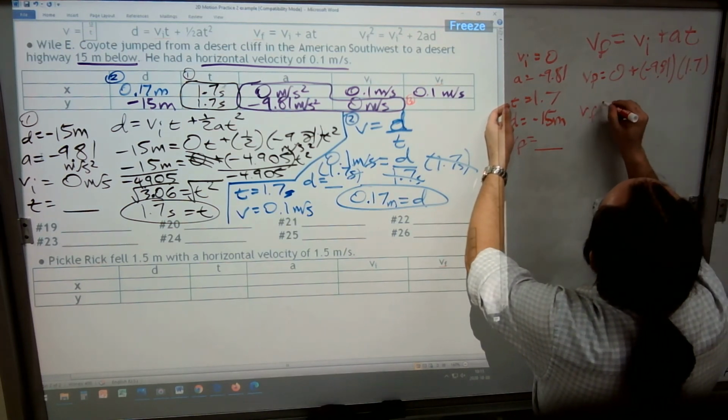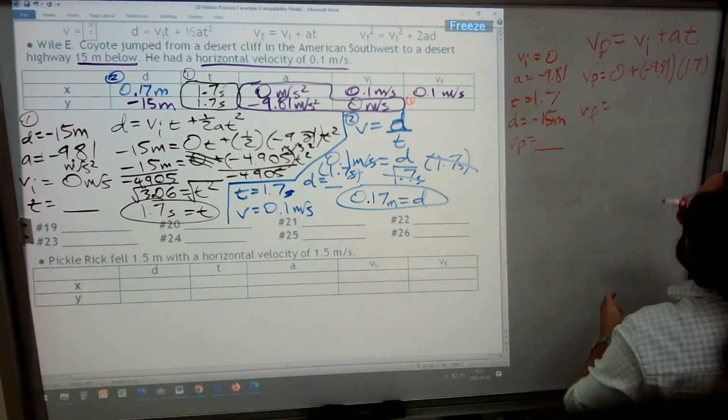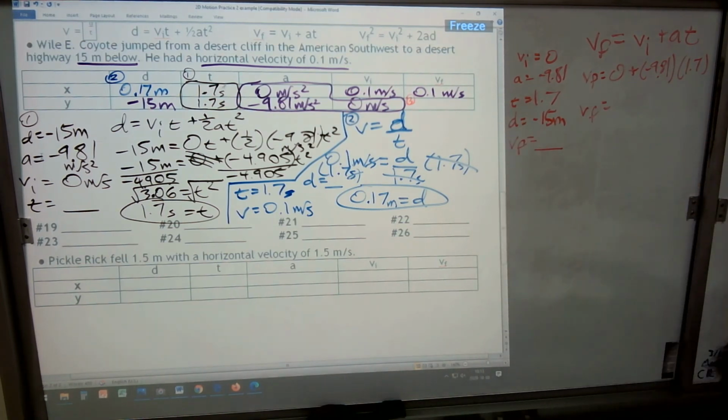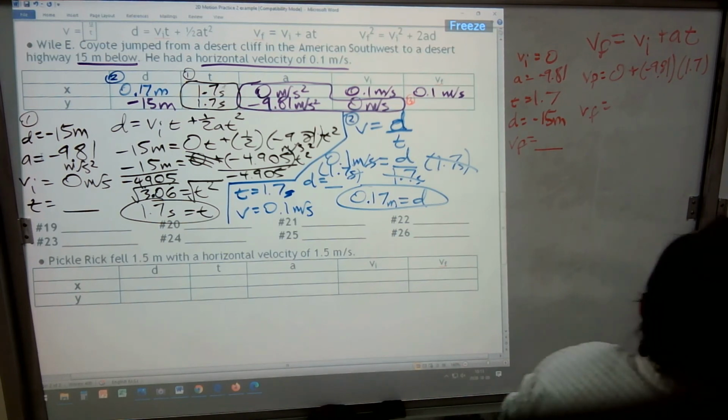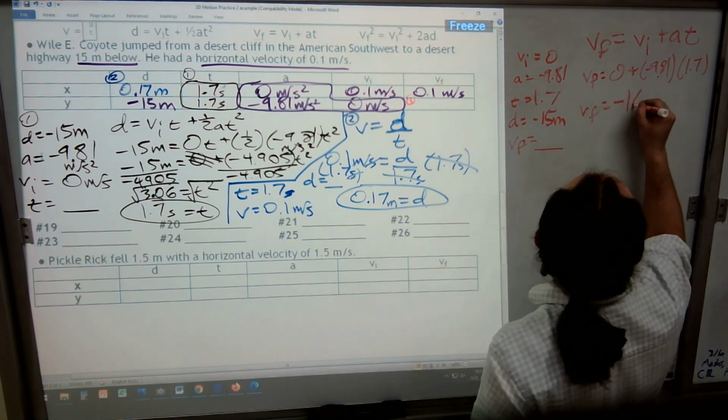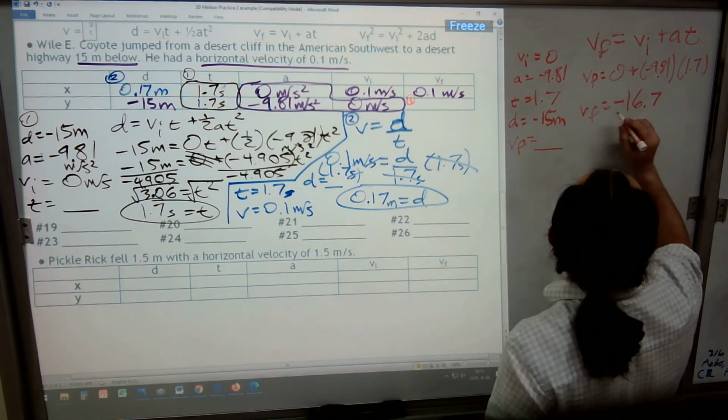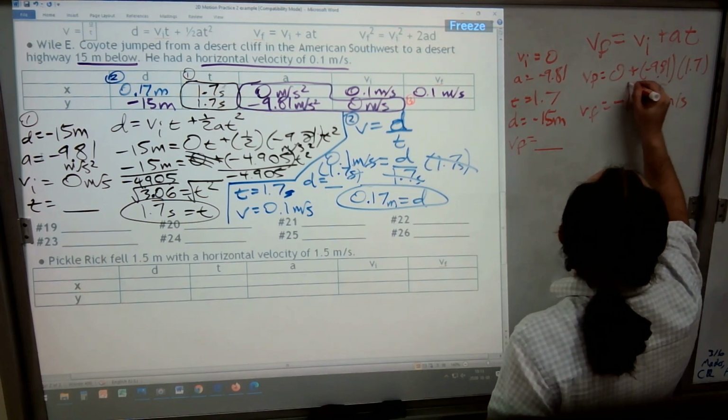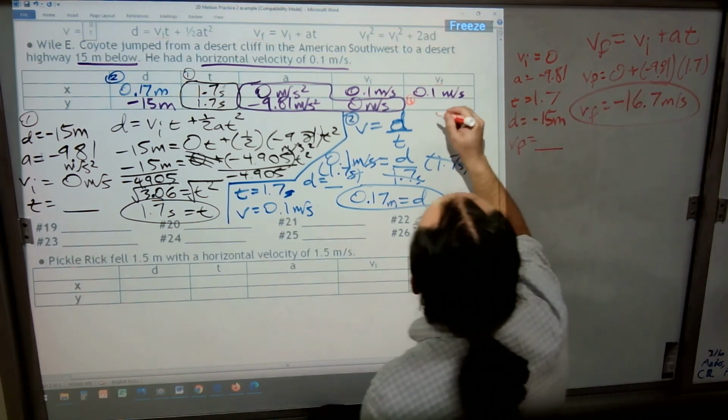So I've got 0 plus 9.81 times 1.7, which is really just 9.81 times 1.7 because that 0 won't add anything. I got 16.7, and it's velocity, so that's meters per second. And there we go.